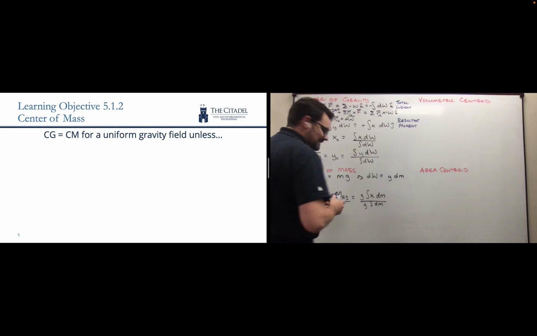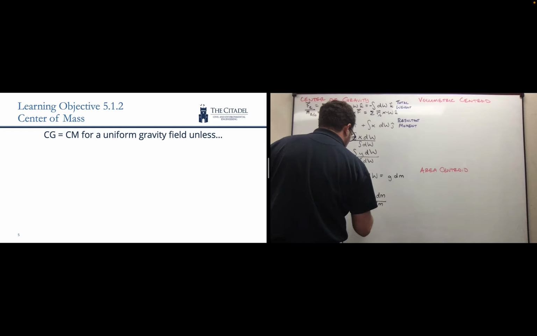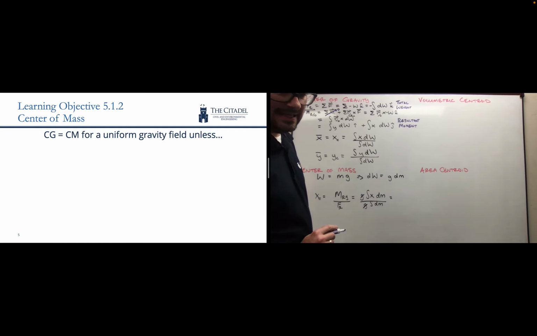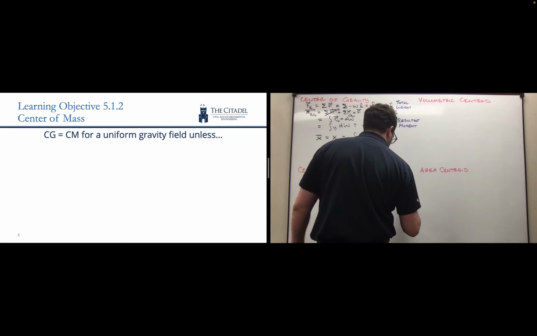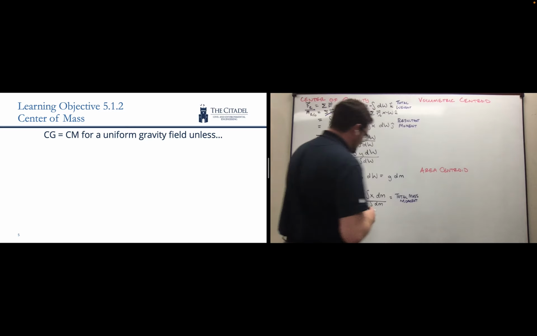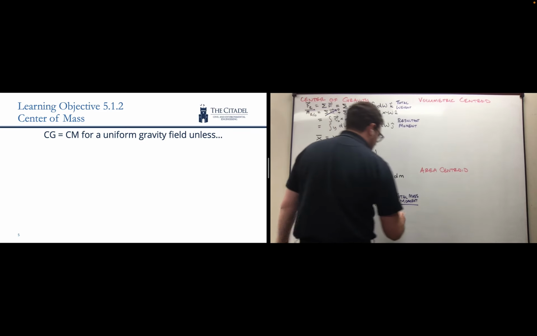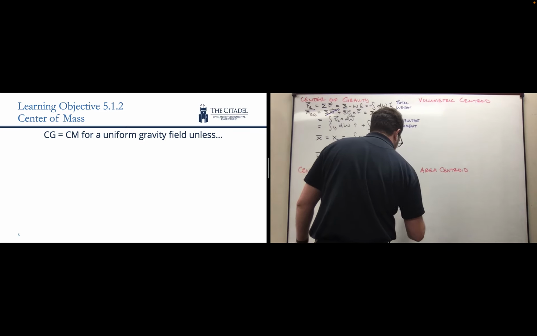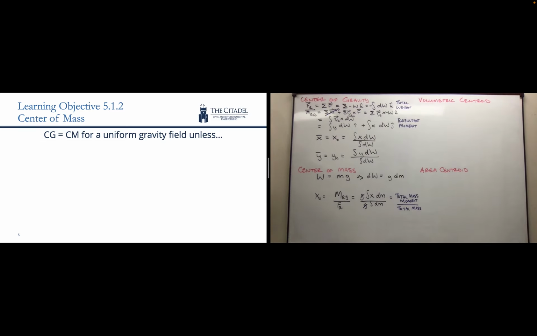And then we'll notice that these things will cancel each other out, so the gravity component goes away. The way we might explain this is that this is my total mass moment. So now we're doing a perpendicular distance x times the mass, divided by, this guy down here, the total mass. Okay?